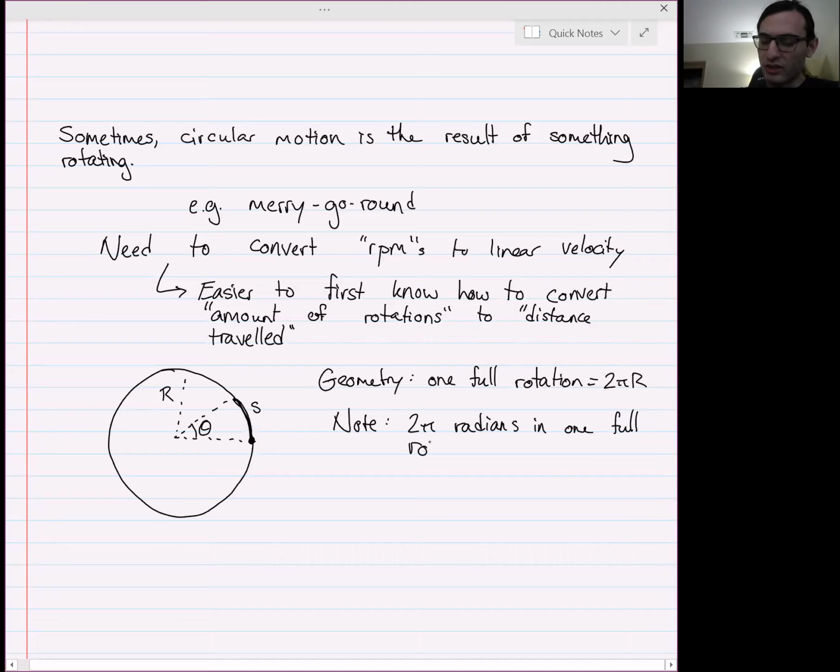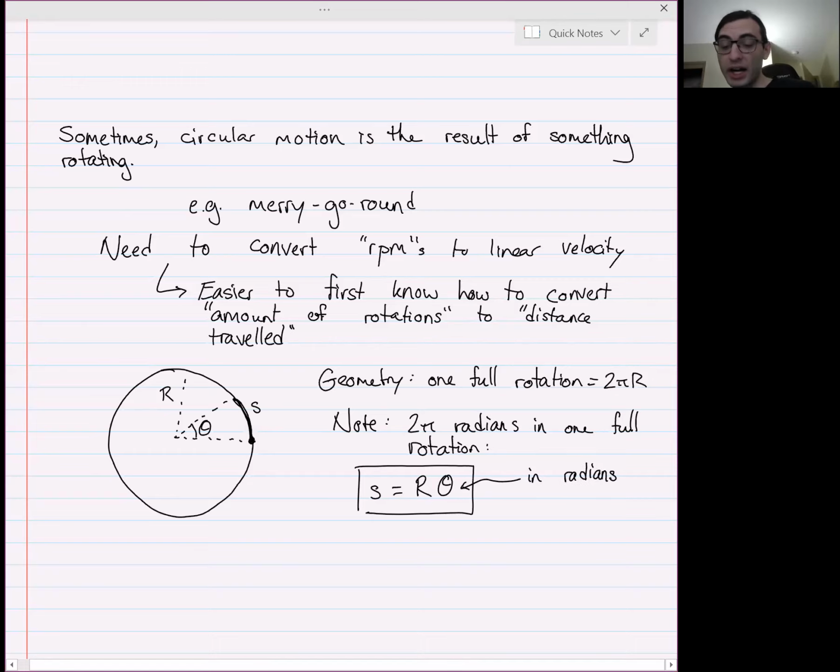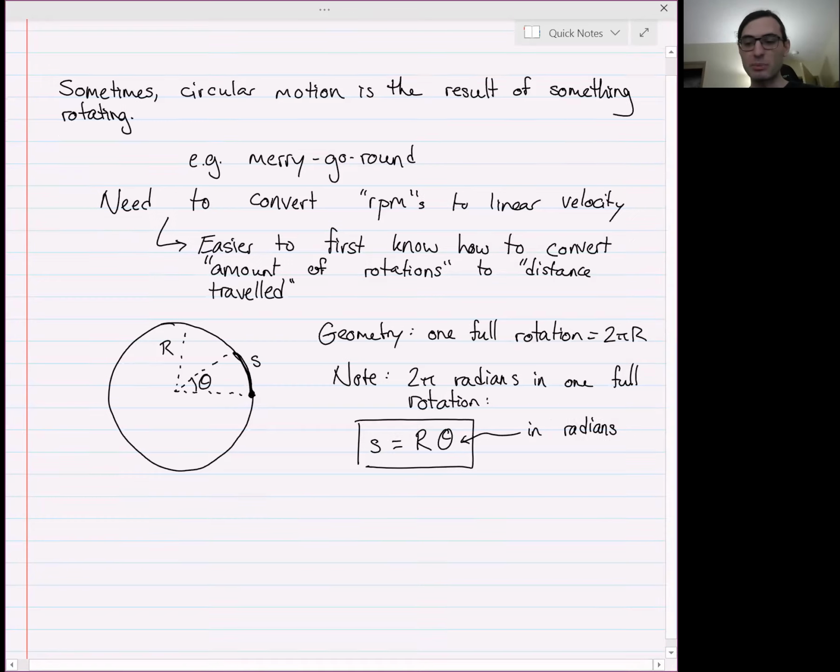It turns out to be true that the distance traveled along a circle is equal to the radius of the circle, r, times the angle traveled, theta, in radians. So for 1 full rotation, theta is 2 pi, and hence the distance traveled is 2 pi r. With this formula in mind, we can actually get linear speed.